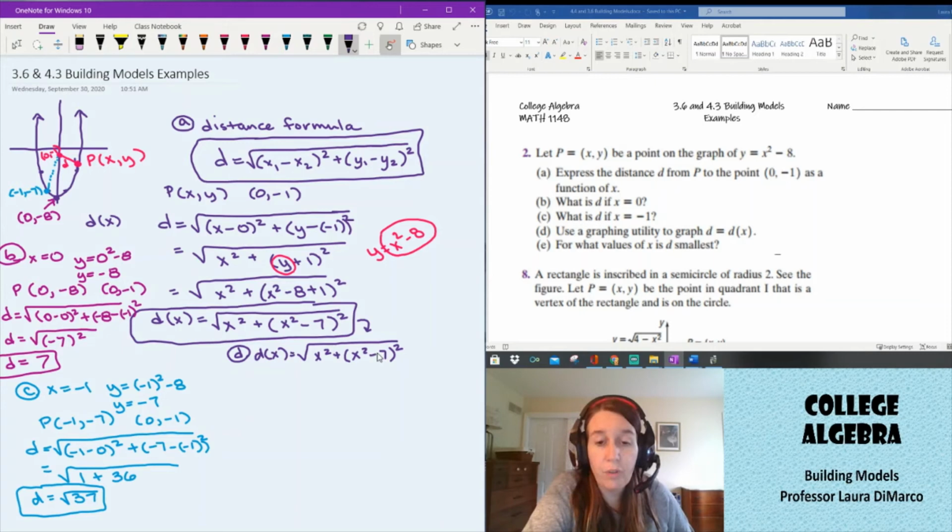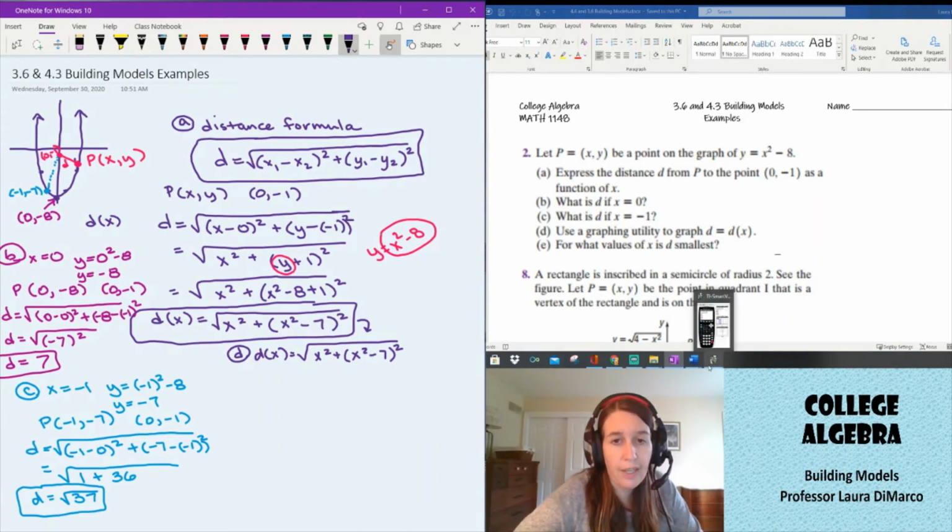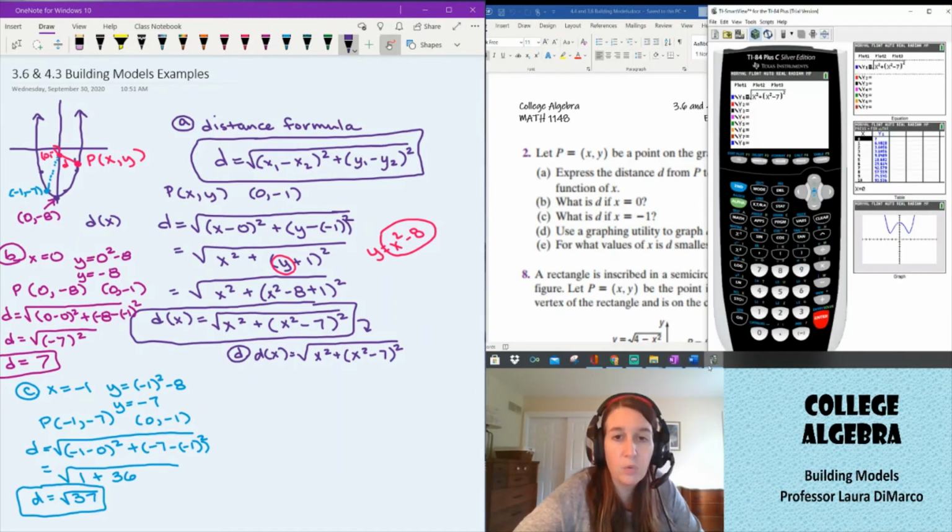If you use a TI calculator, then I'll show you what that would look like. And if you don't have a calculator like that, you can use Desmos. Desmos is really easy to use. You can get it as an app on your phone, or you can just go to the Desmos website, desmos.com. It's a completely free program, and there are no ads or anything. It's really awesome, self-explanatory, and easy to use.